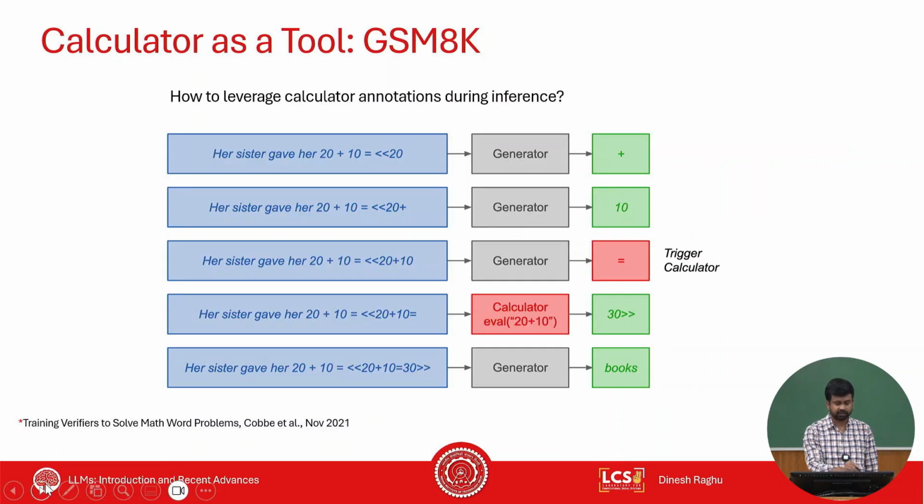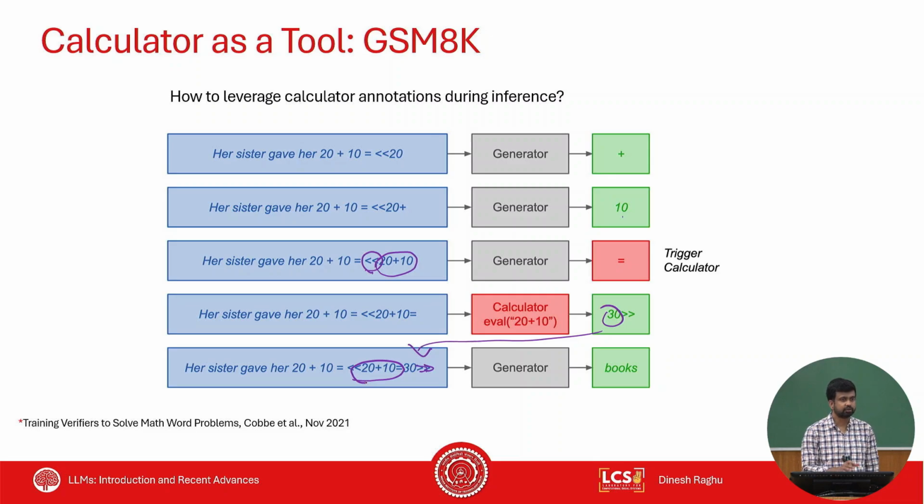When you give this input to the LLM, it first generates, after this token, a plus, after this token a 10, and once it generates equal to, they see that if it's preceded by a 2 brackets, and if that is the case, they would take this particular expression, execute it, get the result, like you use the calculator to get the result, and then put it back in your input, close it, and now ask the model to generate. So this way you never go wrong with this particular expression.